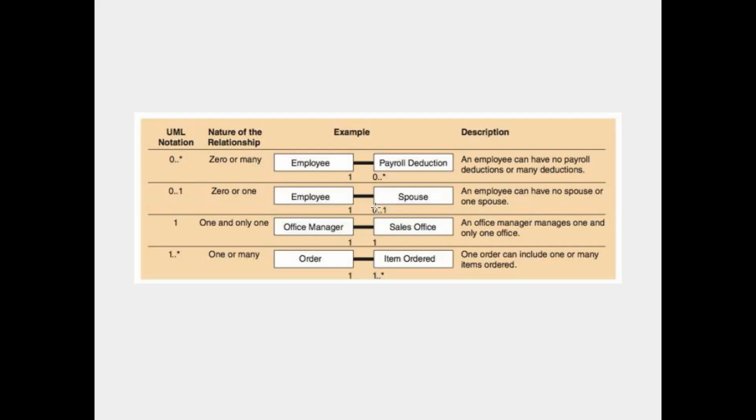So there could be some employees without any spouse, and at maximum you can have one spouse. Then an office manager manages one and only one sales office, so the minimum is 1 and the maximum is also 1. When you take an order, there could be 1 or more items, right? So this is 1 or more. I hope now you understood the cardinalities.